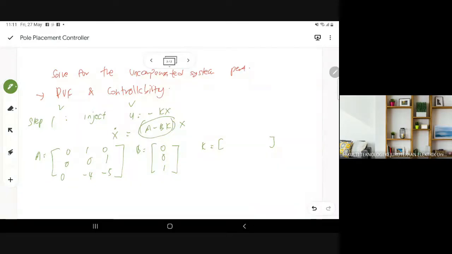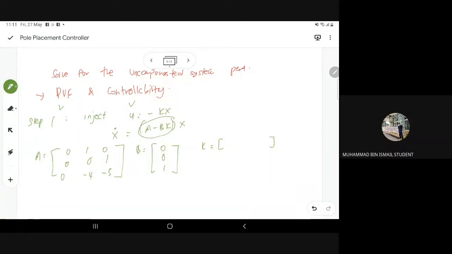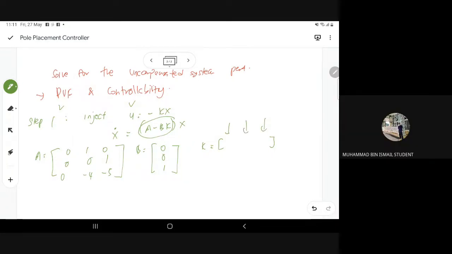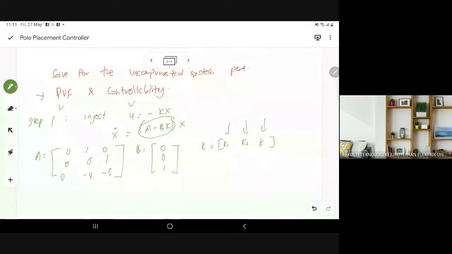Murad? 3. So for the K matrix here, we should name them K1, K2, K3. Okay. This is very straightforward.